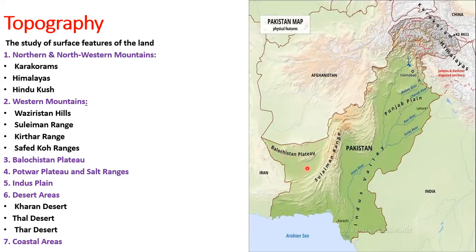This is called the Balochistan Plateau, and it is dry. Another plateau is called the Potwar Plateau, clear? Potwar Plateau and Salt Range. This area, Rawalpindi, Islamabad, Jhelum, Chakwal, Pind Dadan Khan, is in the Potwar Plateau, and these are lush green mountains.